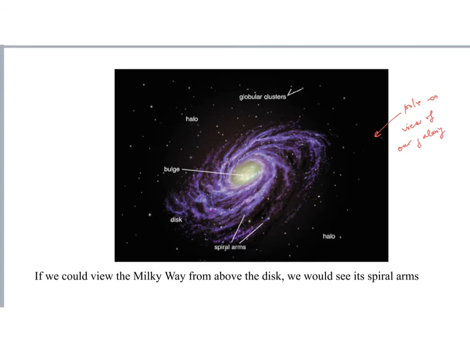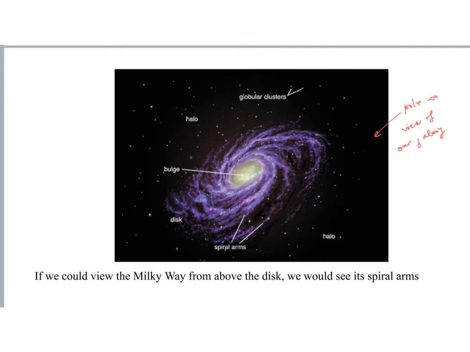This is where you would be able to see the spiral arms, but of course this is just an artist's conception, and we're going to talk soon about how we figured out the exact location of the spiral arms, the size, and what's happening in them.